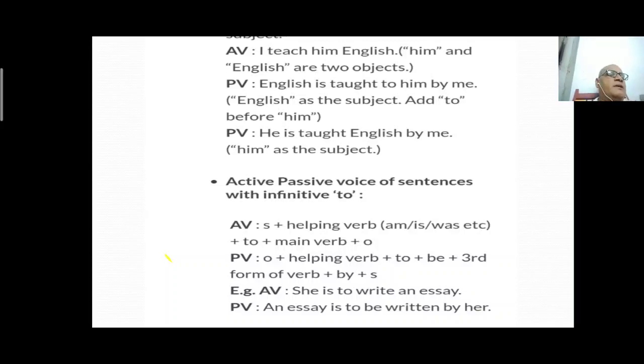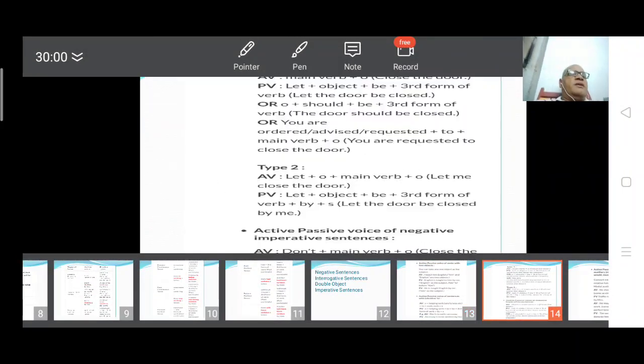She is to write a poem. She is to sing a song. Okay, she is to. Then we can convert: An essay is to be written by her. Depending on the tense, we can change it very easily.